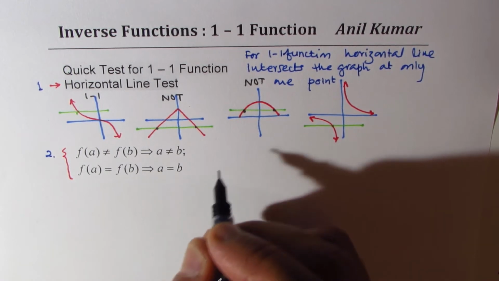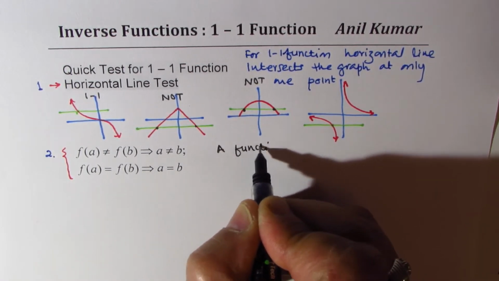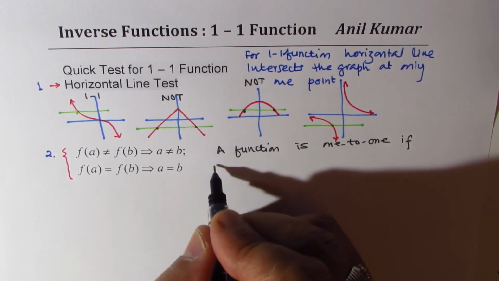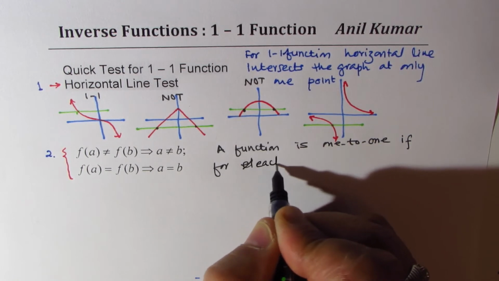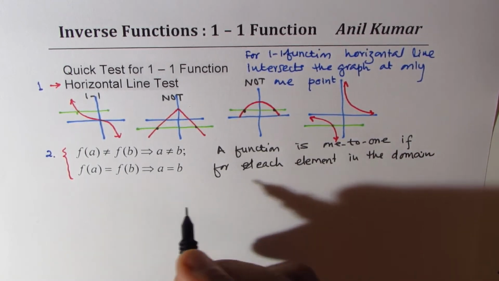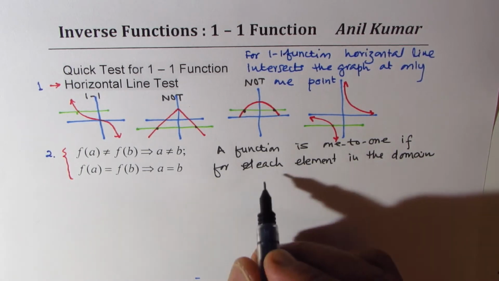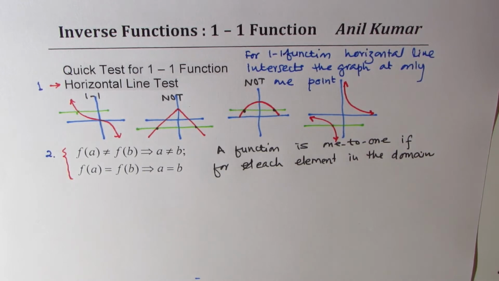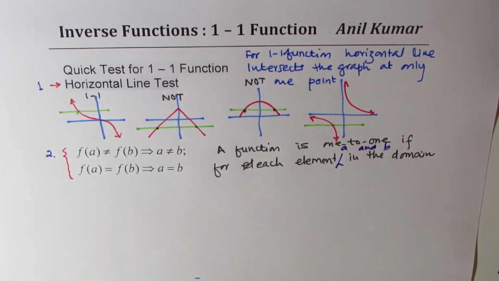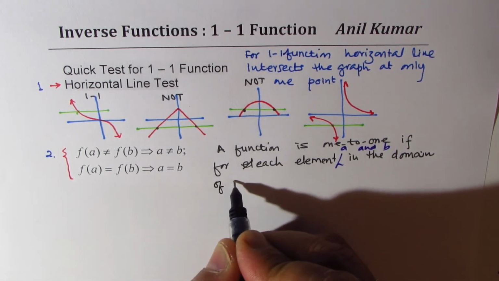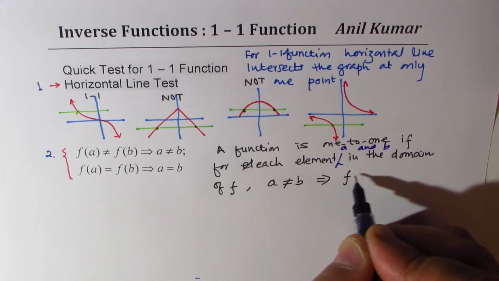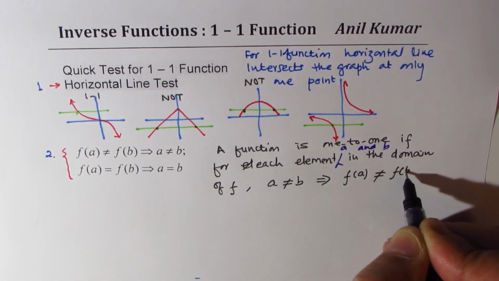We say that a function is one-to-one if for each element A and B in the domain of the function, if A is not equal to B, that implies that f of A is not equal to f of B. You get an idea.